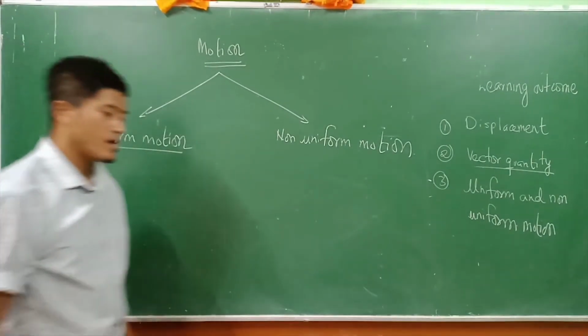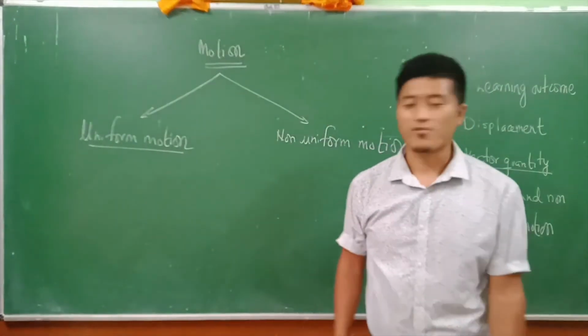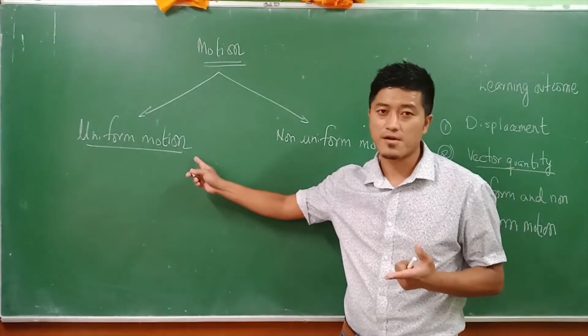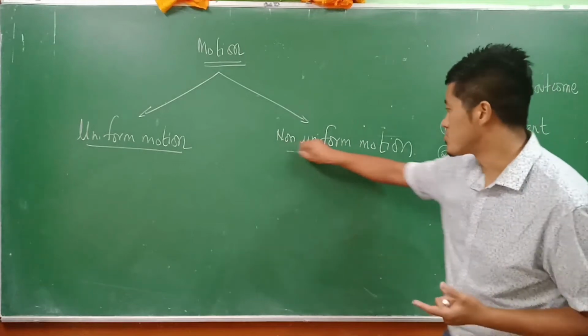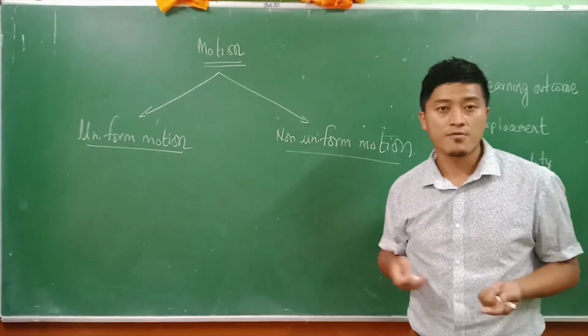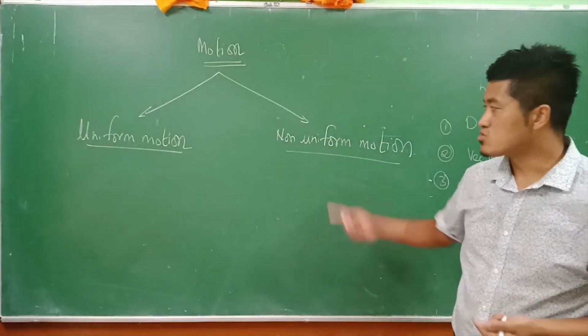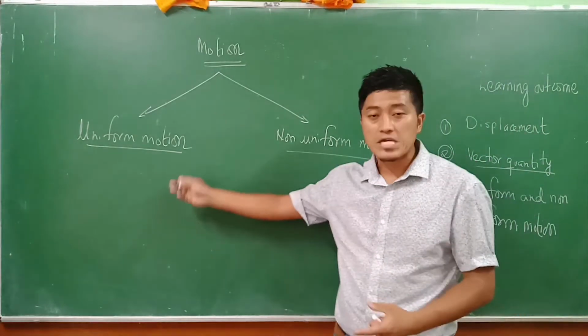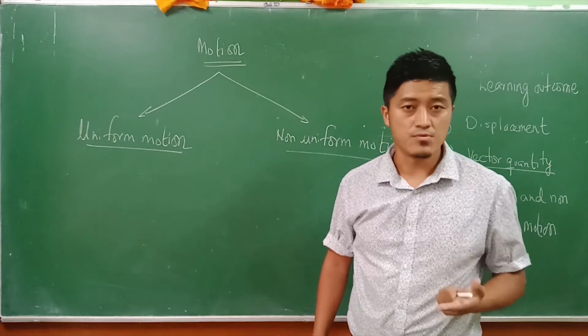And it is very important for all of us to feel that we witness this kind of thing, uniform motion and non-uniform motion, in our everyday life. For example, we are more used to non-uniform kind of motion, but we also see a uniform kind of motion in our life too, right?